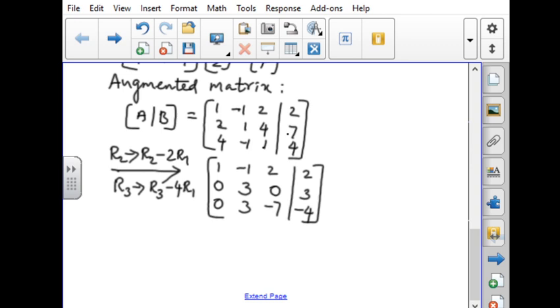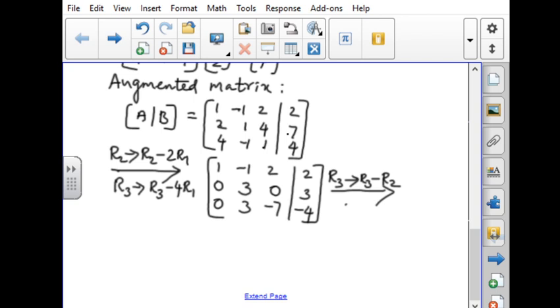Now we are going to change this place to 0. So R3 changes to R3 minus R2, because here we have 3 and here also we have 3.